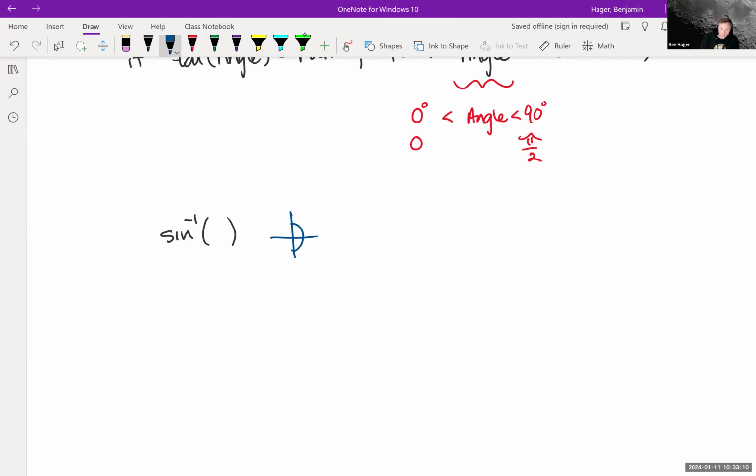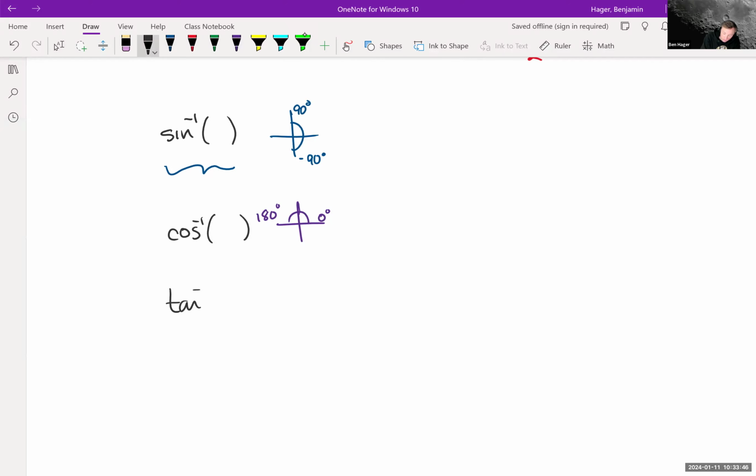That's to help me remember that whatever I get out of here, whatever this becomes, it's going to be stuck between negative 90 to 90, or if you're working in radians, negative pi over 2 to pi over 2. When I see cosine inverse, the second I see that, I draw this picture to remind me that inverse cosine is only going to give me an answer from 0 to 180 or 0 to pi.